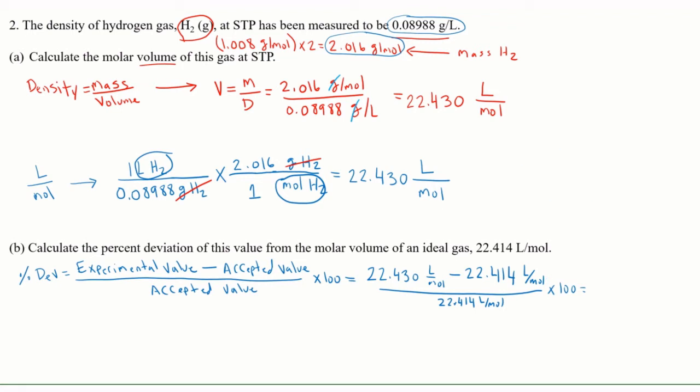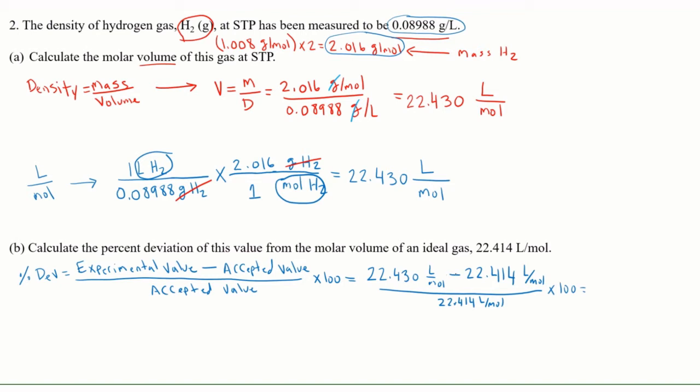Usually the percent deviation, we do the absolute value of the deviation to not cause confusion. But you could also leave it as a positive or negative percent deviation.